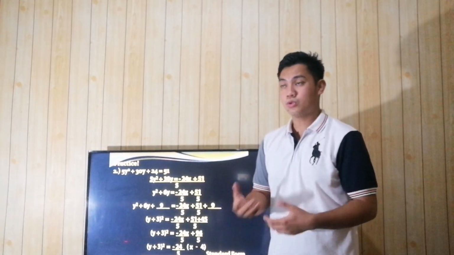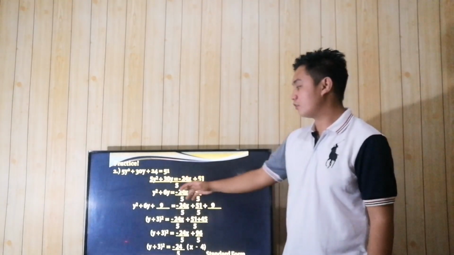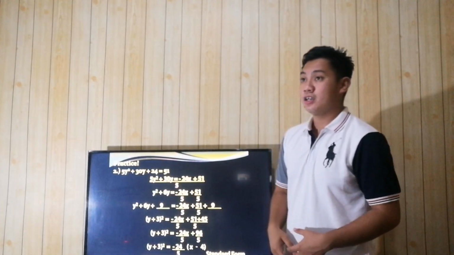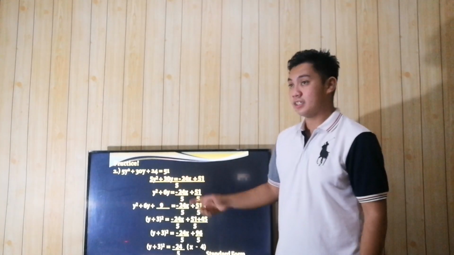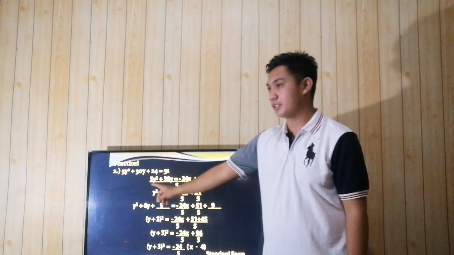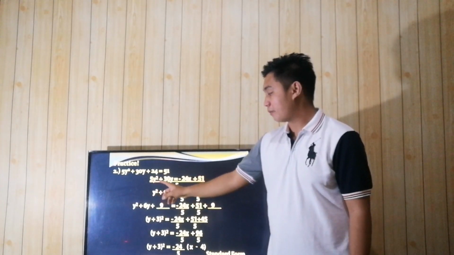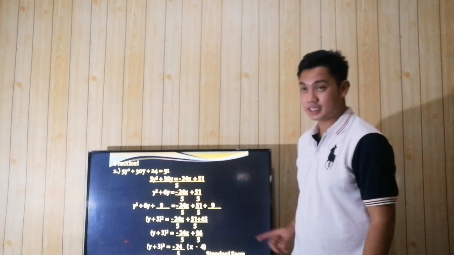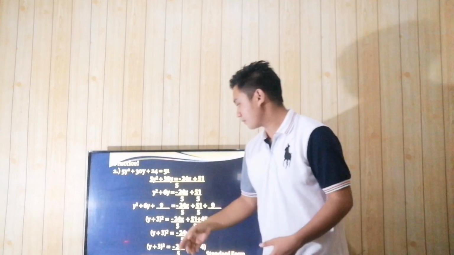Whole equation divided into 5 para ma-eliminate natin dito si 5 sa y squared. Bakit isa lahat man? Dahil hindi pwede sa isang term lang. Hindi ka pwede i-divide lang dito para maalis to. Dapat mag-divide ka sa isa, divide ka sa lahat. Maliwanag ba? Okay, now, let's proceed.